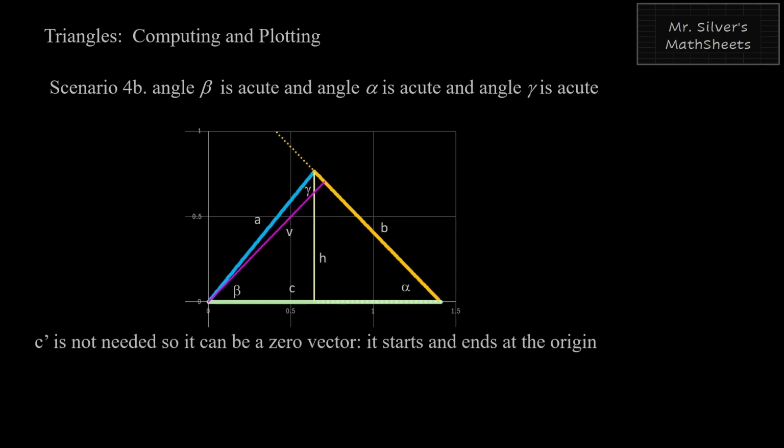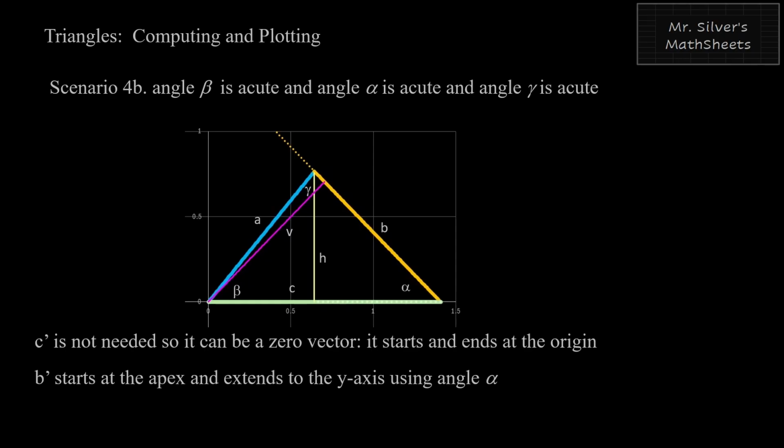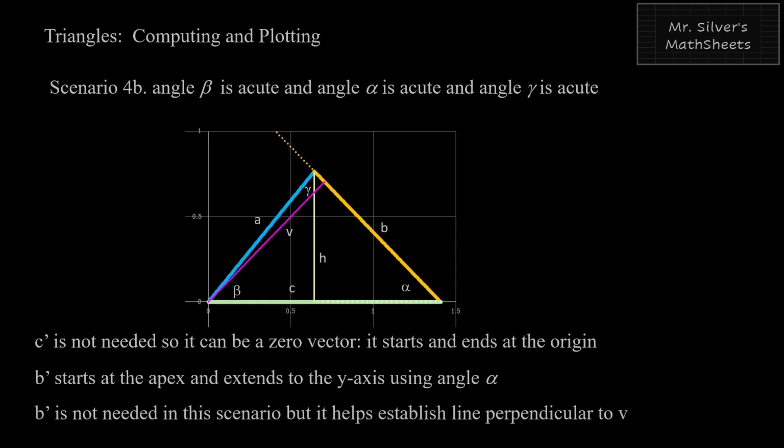Now, scenario 4b, angle beta is acute, angle alpha is acute, but the angle gamma, it's also acute. C prime's not needed in this case. B prime, there is an extension and it goes off to the left again. But arguably it's not needed here because if you look at that, the V vector hits the base.